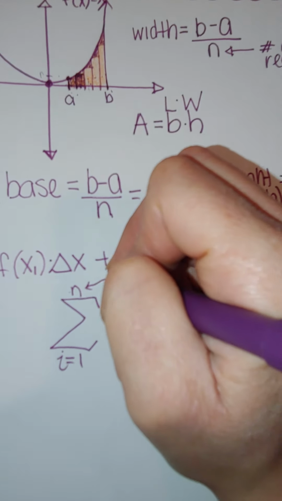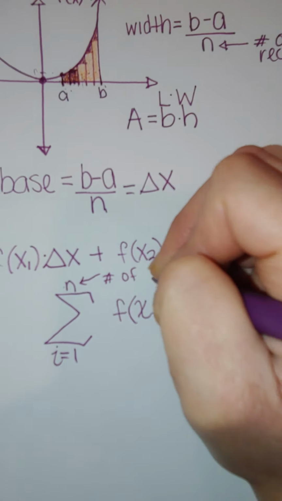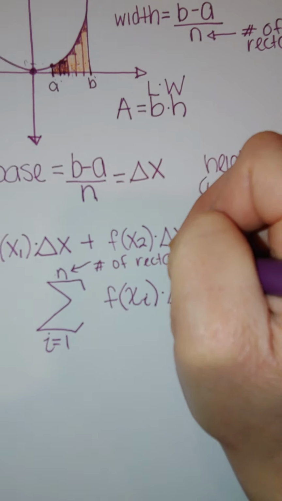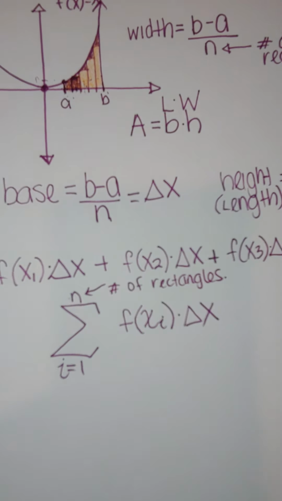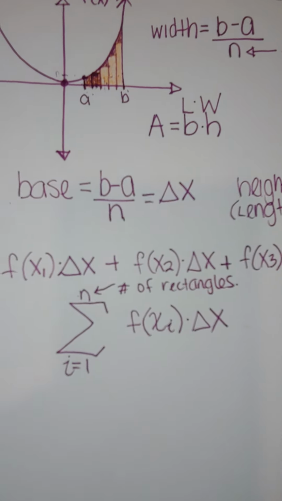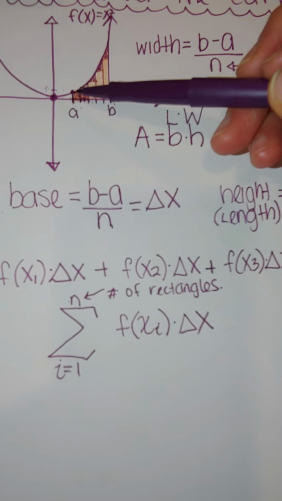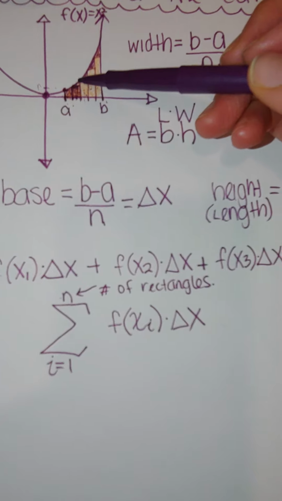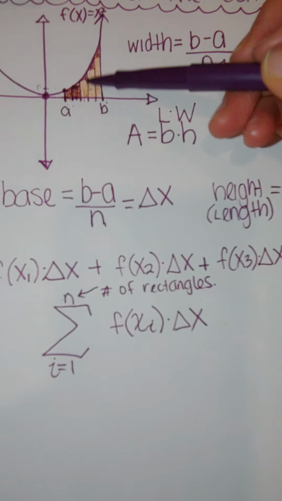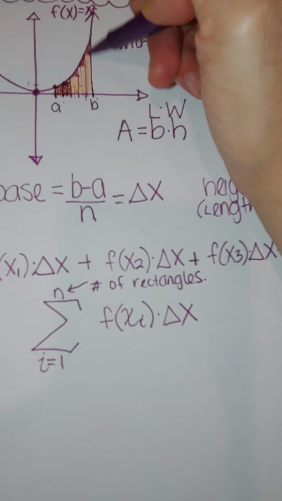Remember, n was the number of rectangles. And I want to have a lot of rectangles because I want these rectangles to get super skinny so that I'm pushing the shape closer and closer to a straight line as possible.